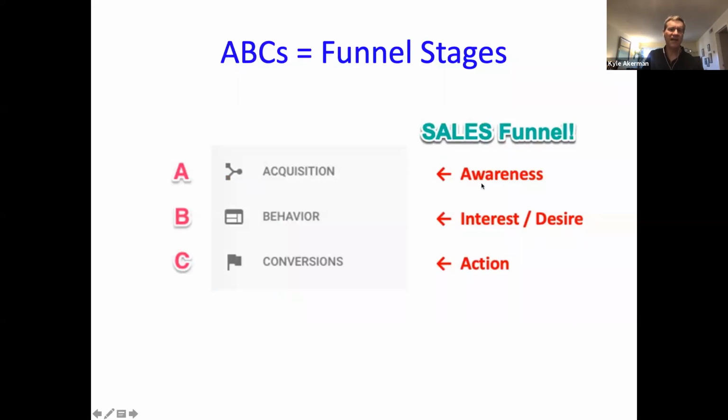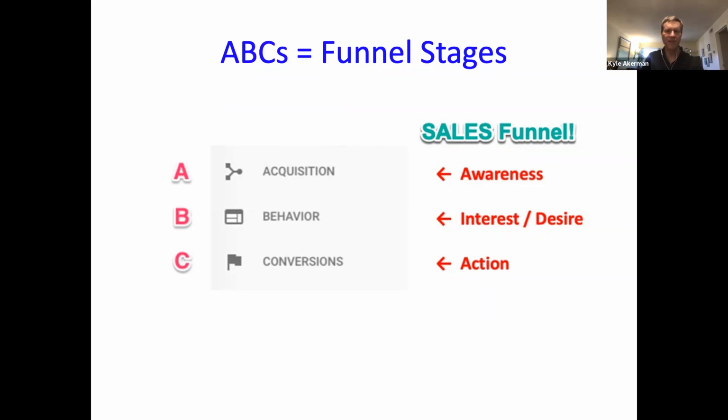Here I took a traditional AIDA funnel, and you can see how it maps to these ABC reports. Awareness maps to your acquisition reports, interest and desire map to behavior, and action is in your conversions report. So that's a way that might help you wrap your head around where you can find the report you want for a specific stage of the funnel.